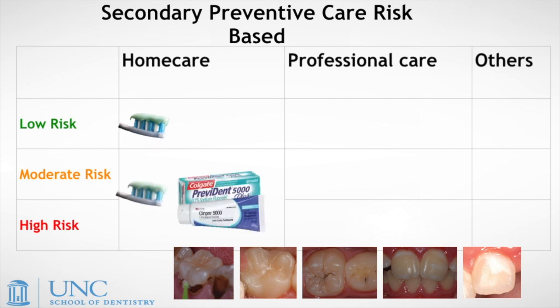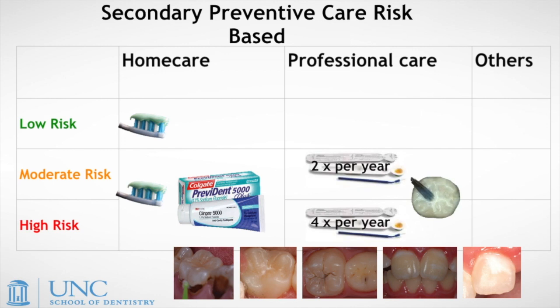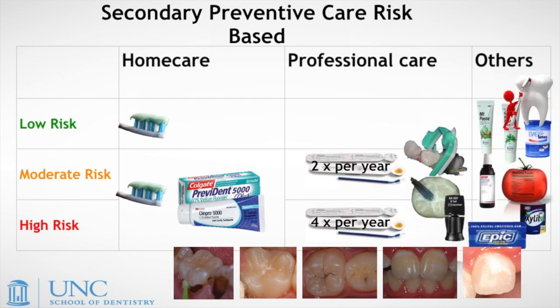It doesn't really change very much of how we are able to do this. Again, we are looking at increased levels of fluoride, either in home care or professional care, of course sealants, and then when we have a lesion, we have infiltrants, and in the United States, SDF was approved not many years ago.